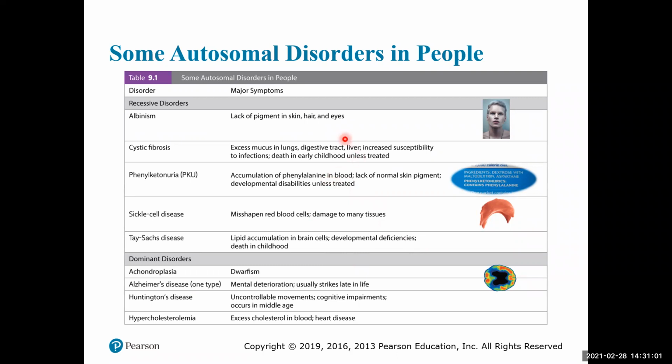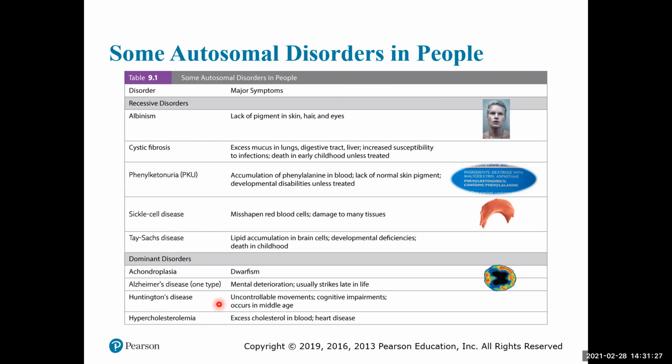The next thing we want to discuss is disorders that can happen based off of the inheritance of alleles. Some of those are albinism, cystic fibrosis, sickle cell disease, one type of Alzheimer's disease, Huntington's disease, extreme cholesterol levels, which is hypercholesterolemia.